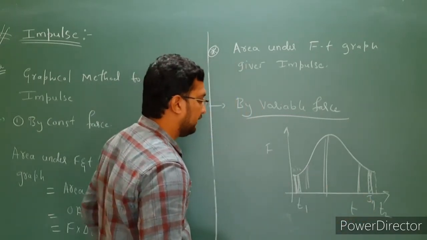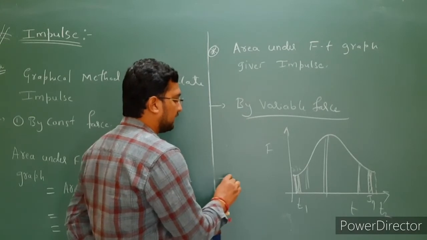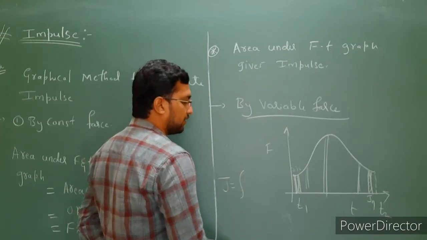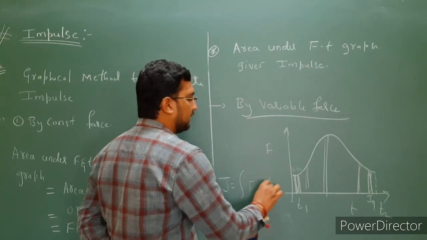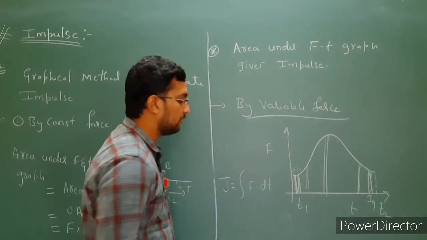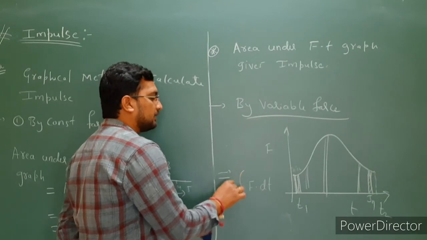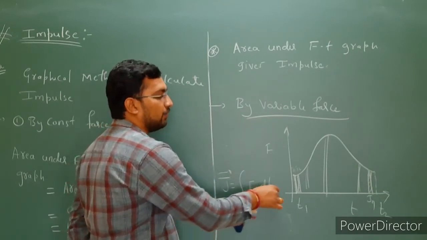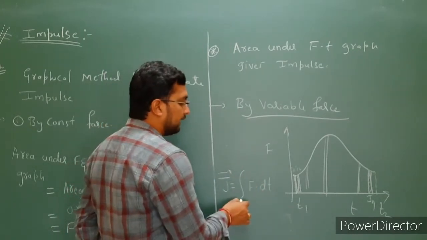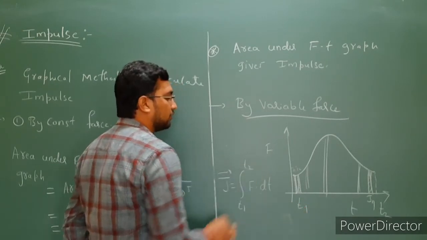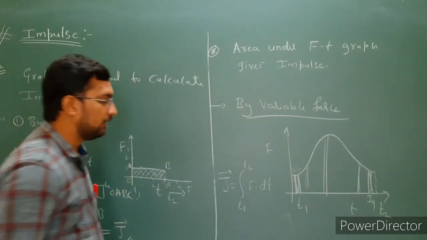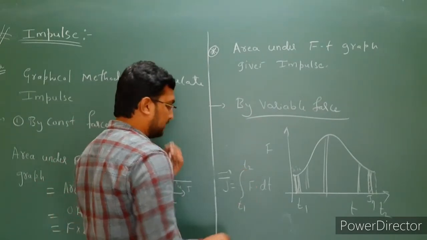So in a simple way we write this as: impulse is equal to the integration of force into change in time interval, that is del t or dt, right? Okay, see here, impulse J vector is equal to the integration of force into dt, with the integration from the initial point t1 to t2. What is the meaning of integration here?